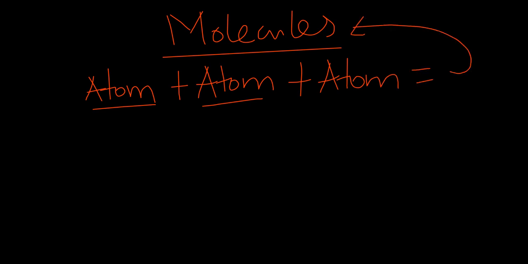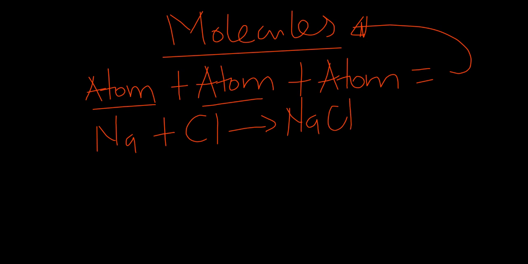Let's look at an example. So you can take the atom sodium, join to another atom chlorine. This will form sodium chloride. So the sodium chloride is a molecule. Another example, let's take the atom hydrogen plus another hydrogen. This will form H2, hydrogen gas, which is also a molecule.